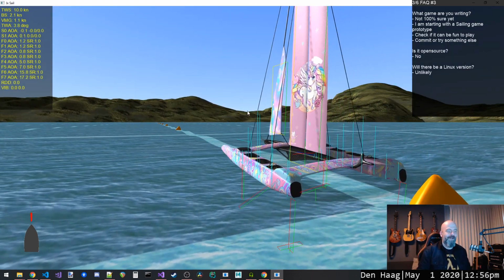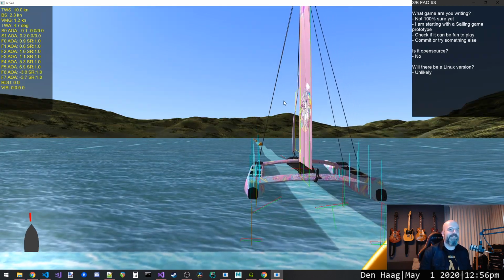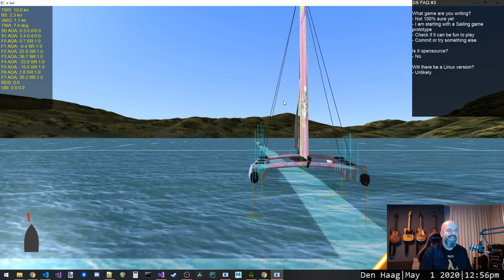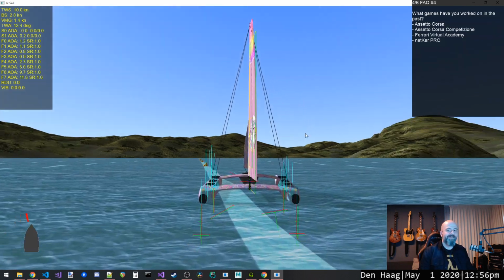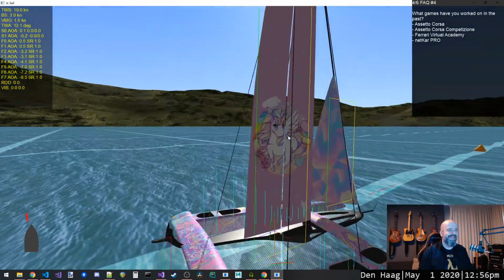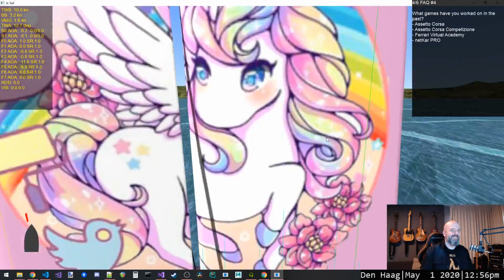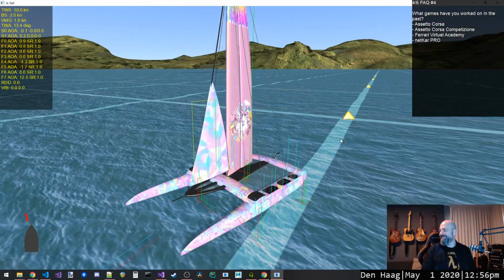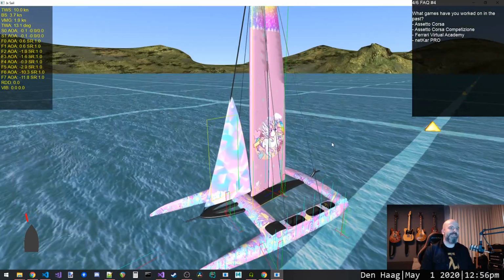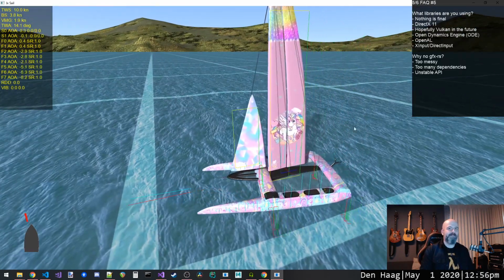We have a foil with this thing. I cannot foil. I need to attach the camera to the boat. Yay! Amazing. It's going to be your boat, right? When we race with this and test the multiplayer, you're going to be playing with this boat.